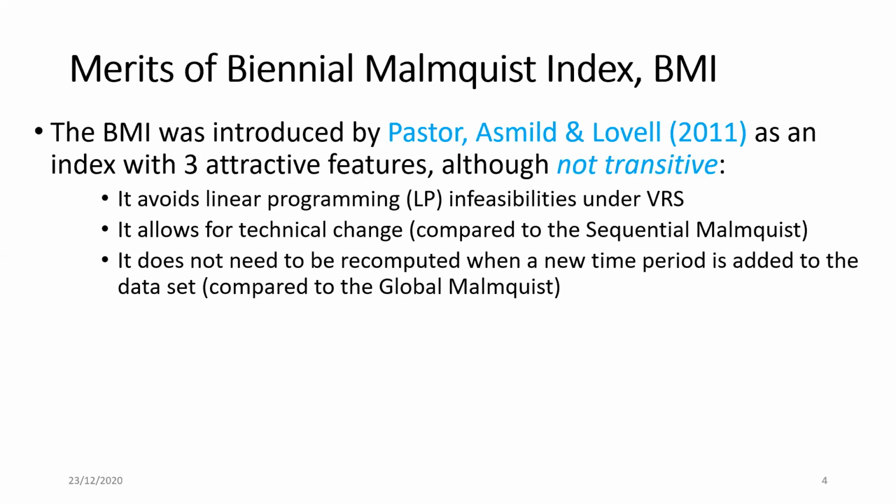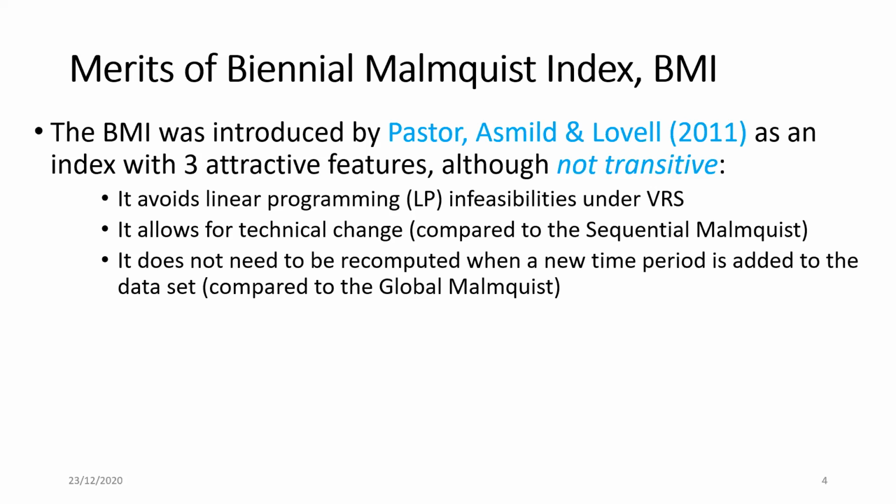We used to say that when the primal model is infeasible, then the dual is what? Unbounded. When the primal linear programming model is infeasible, then the dual is unbounded.